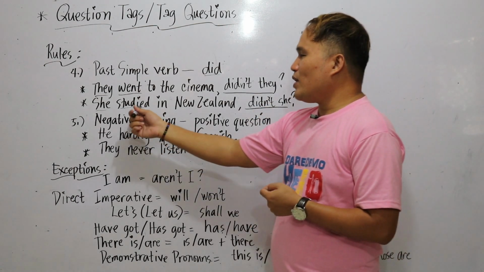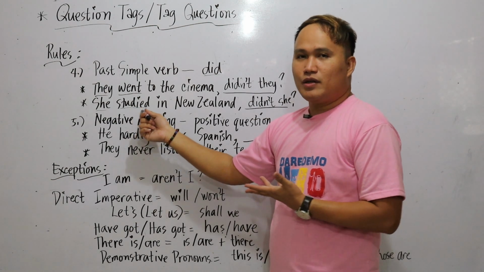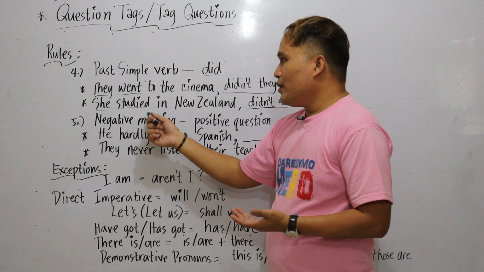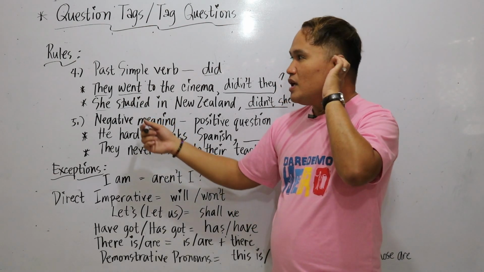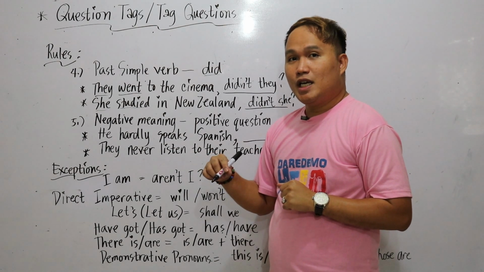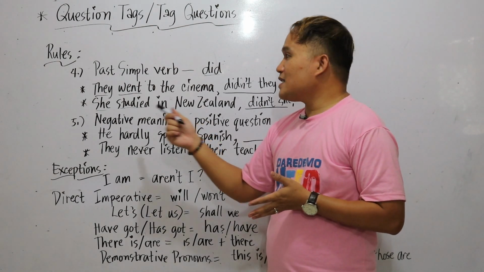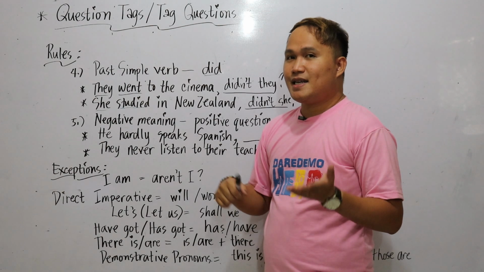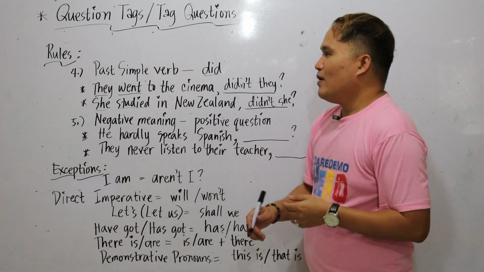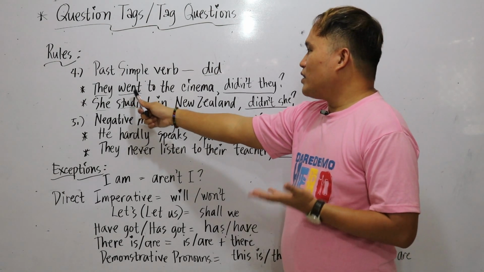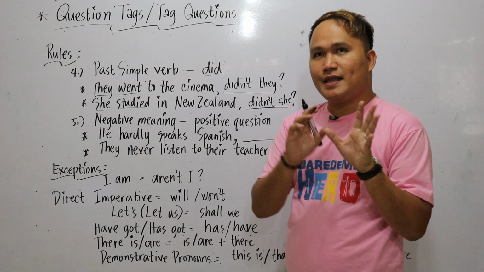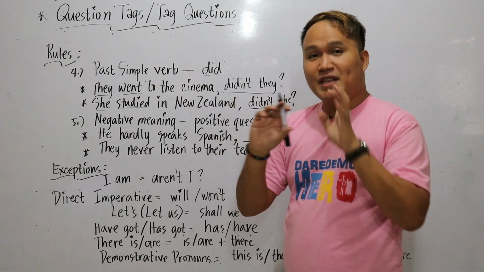What if the statement here is in negative form? How will we say that one? She did not study in New Zealand. Did she? Or they did not go. Always remember, if you use did and then the verb, it should be the main verb.